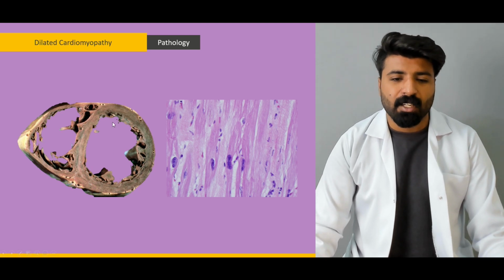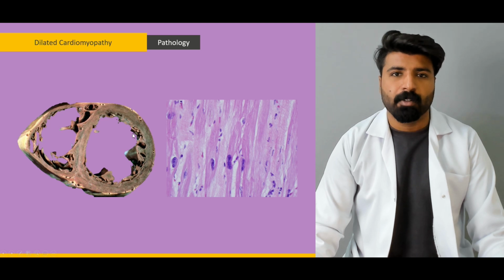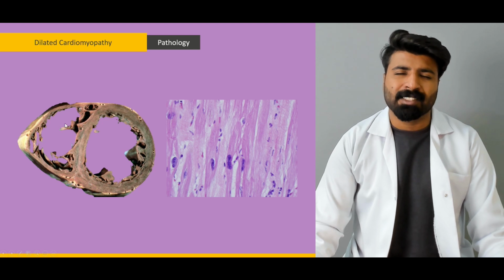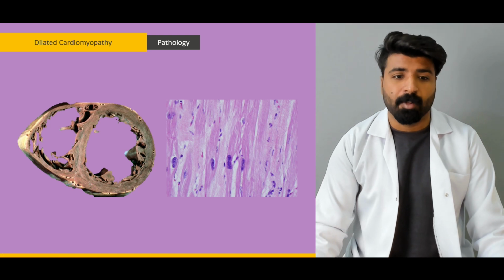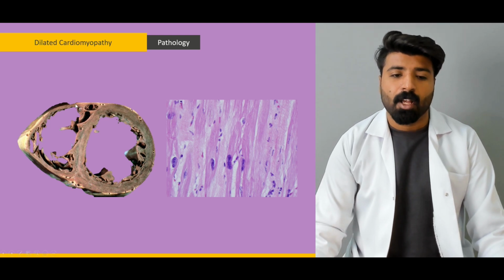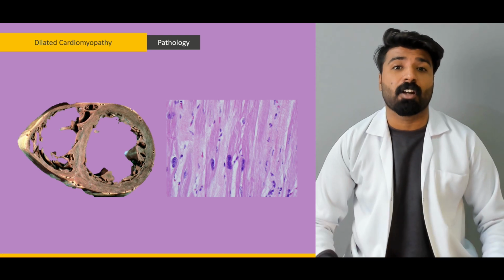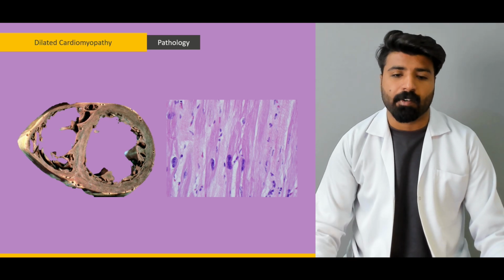So what we see here is that the left ventricle has a huge chamber, thin walls, and the right ventricle is not much affected. It's the same in size. In some cases, the right ventricle size also increases, but in most cases, it stays the same. And the walls are thin. Now, the right ventricle walls are not affected that much, but the left ventricle walls are definitely thinner than they were supposed to be in a normal heart.